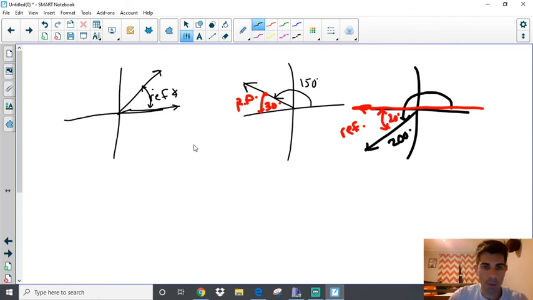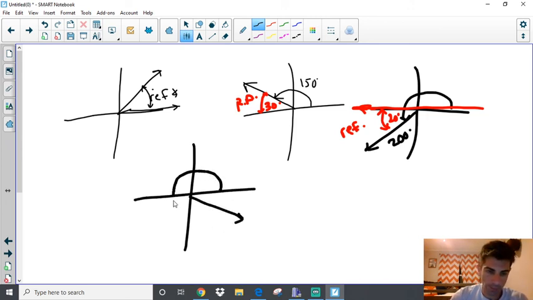And then the final one, when you're in the fourth quadrant, let's say it's 300 degrees. Closest for the reference angle, again, to the x-axis would be that distance here. That's considered the reference angle. So a little bit different, remember?